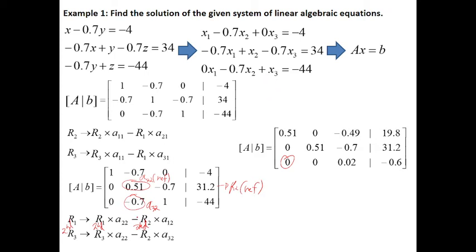So second element, negative 0.7 multiplied by 0.51 minus R2 second element 0.51 multiplied by A32, negative 0.7.